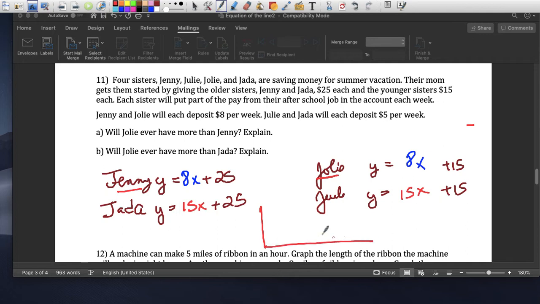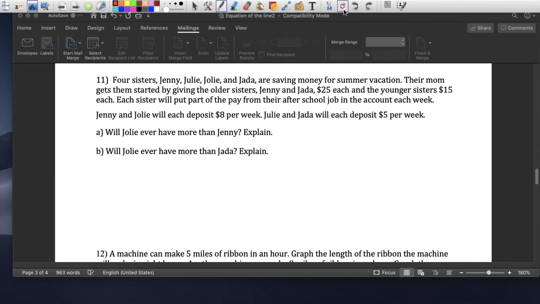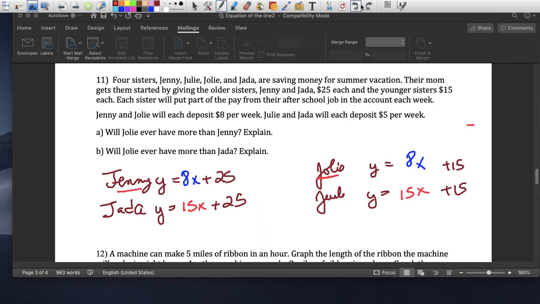And with the graph, we can clearly show if that will be true or not. Can I think of it any other way? Let me see. When will they ever be equal?